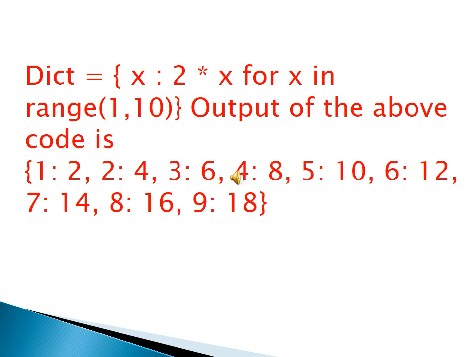Okay, how did we consider that? Within 1 to 9 we should consider. 1 refers to the initial value and 10 refers to the end value. So we should take n minus 1 value.